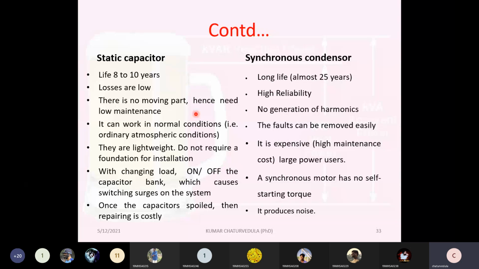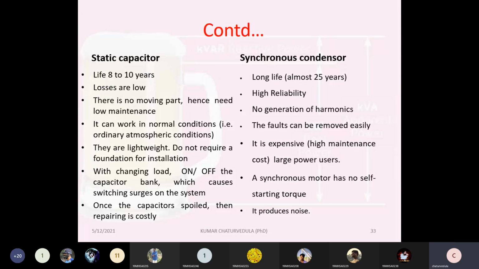It also produces much noise in the environment where people are working. You have to take care of these things when using a synchronous condenser. Only large power users will afford synchronous condensers; medium industries will be using static capacitors only.